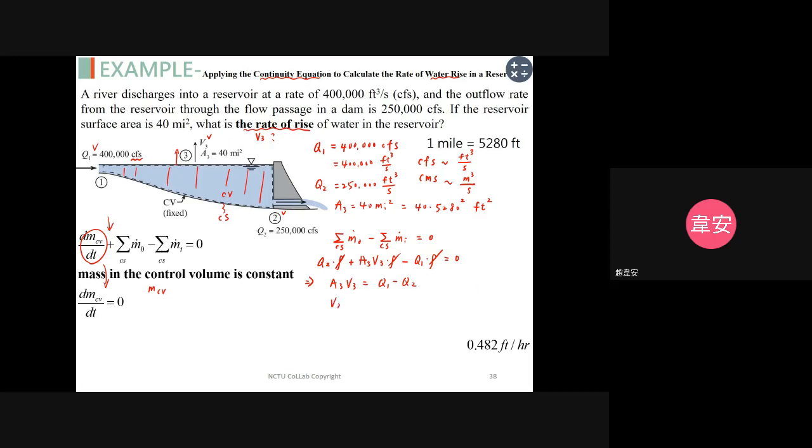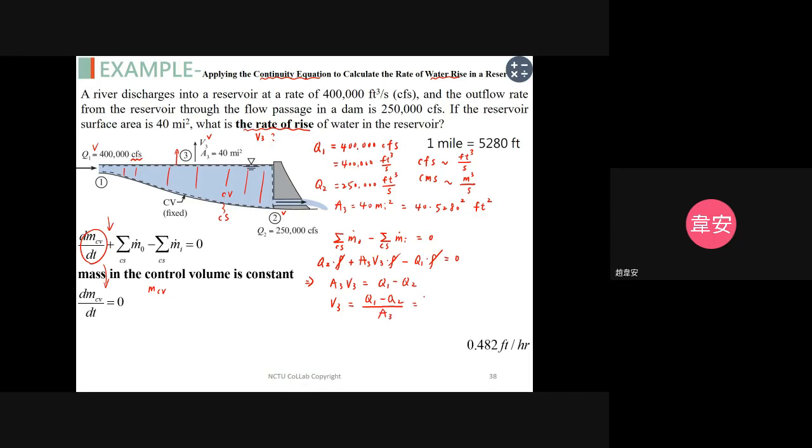And V3 is equal to Q1 minus Q2 divided by, oh sorry, not V3, divided by the area A3.